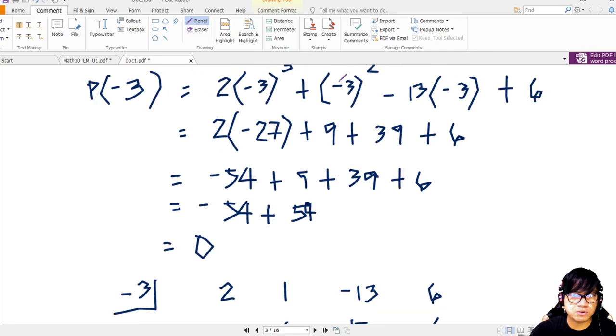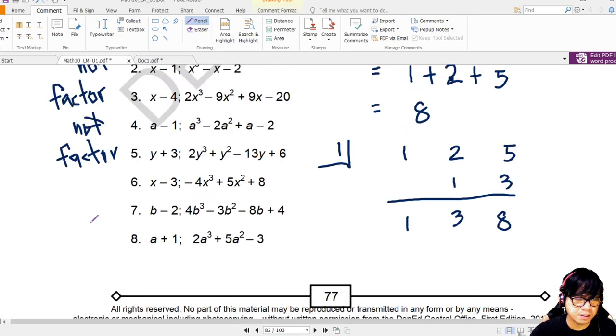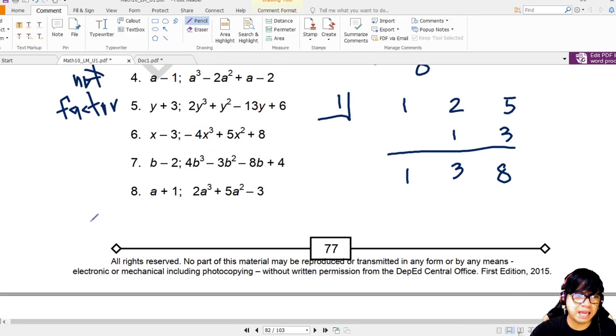And nung binalikan natin, nakita natin na meron talagang something wrong. May mali tayong naisulat. So, tandaan natin, pag yung remainder is 0, it is a factor. Pag hindi naman, hindi equal to 0, so hindi siya factor. May remainder lang siya.